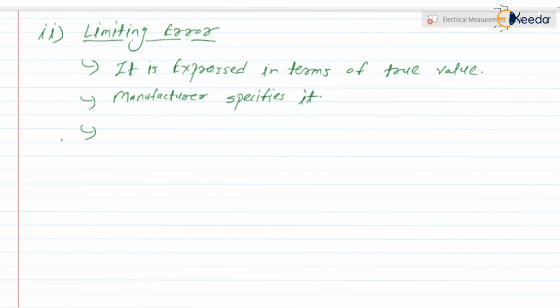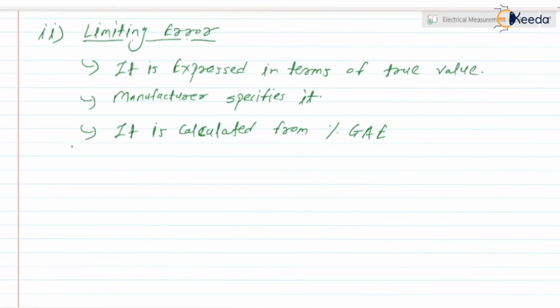The important thing is the limiting error is calculated from the percent GAE, guaranteed accuracy error.